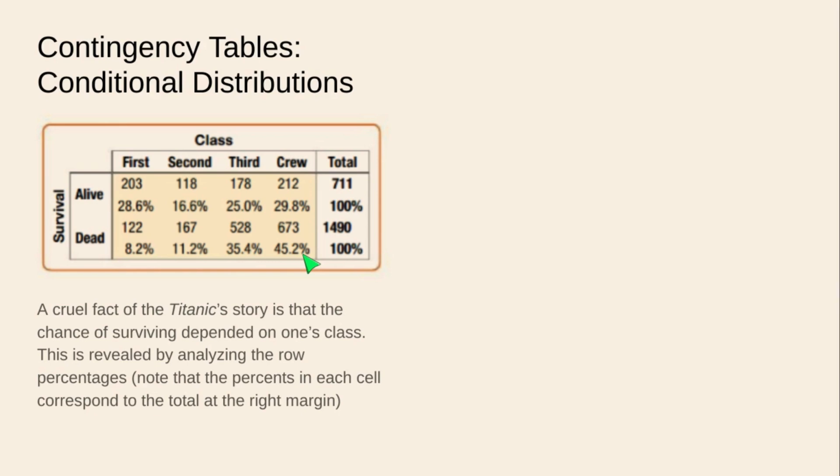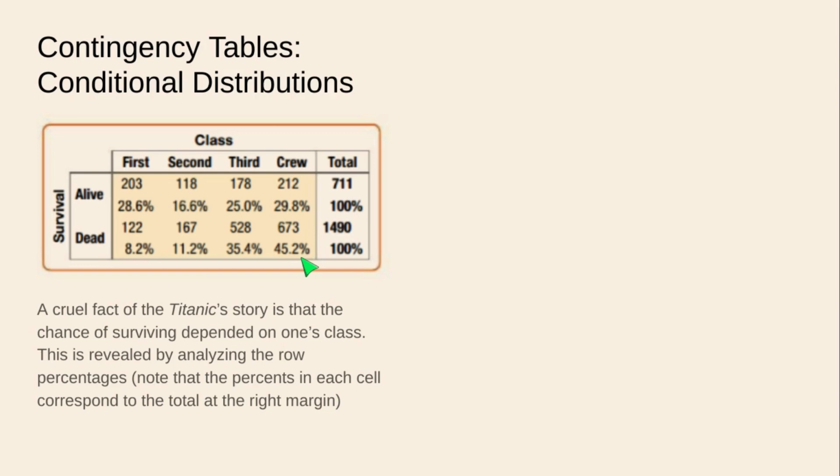And where this really starts to speak to the injustice of the matter is when you look at the 212 versus the 673. Pretty much 75% of the crew died. Nearly half of the people who died were in the crew.